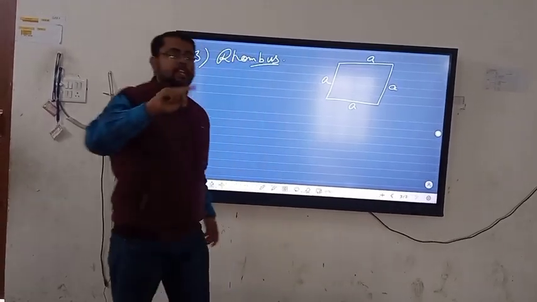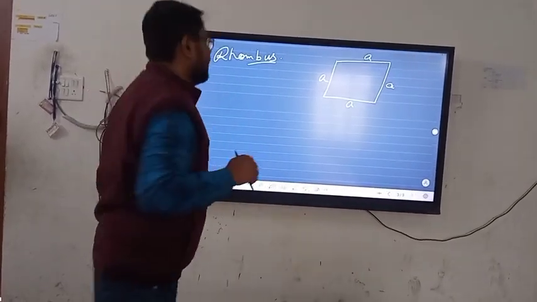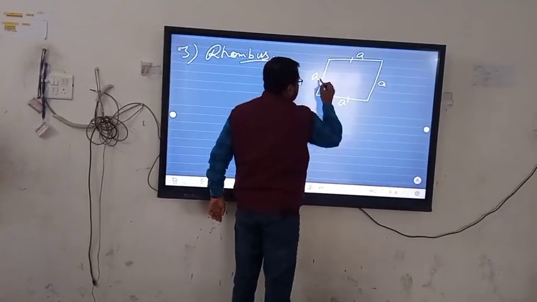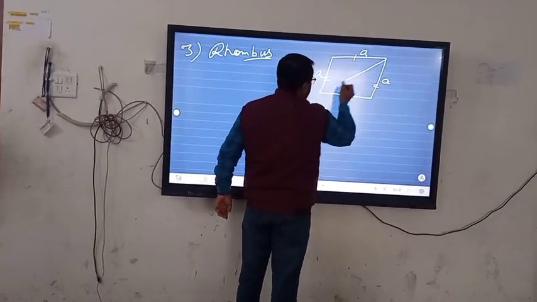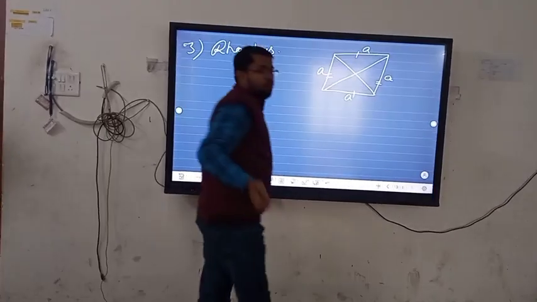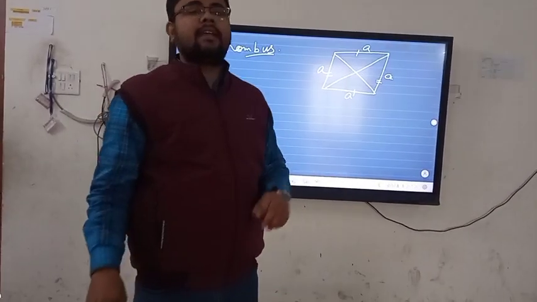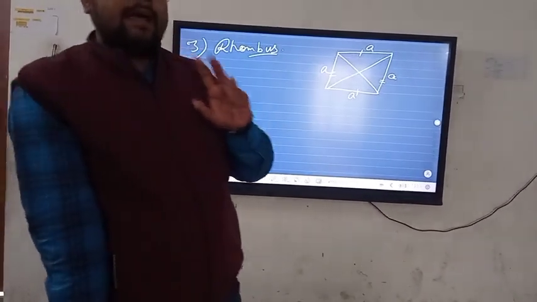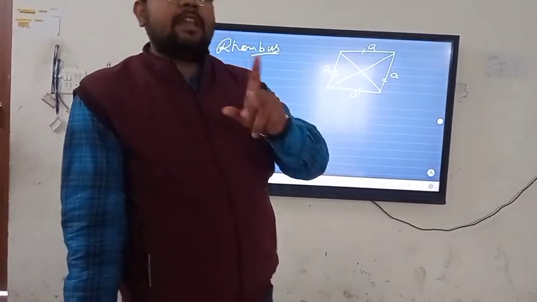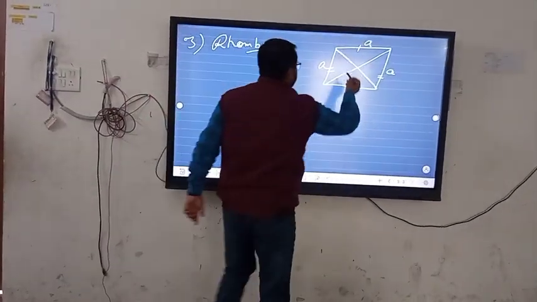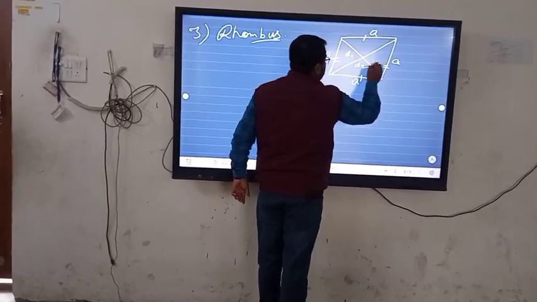Sorry, all sides are equal but opposite sides are parallel. And whose diagonal cut at 90 degree, and the diagonals of the rhombus never equal. This is D1, this is D2.